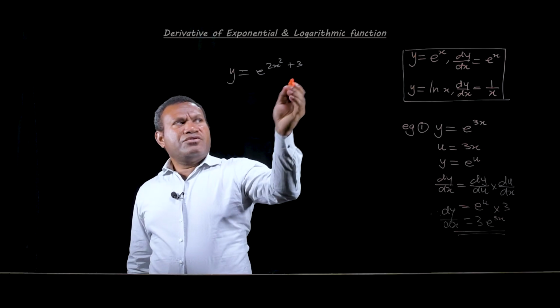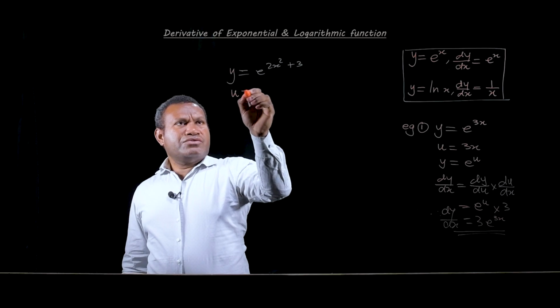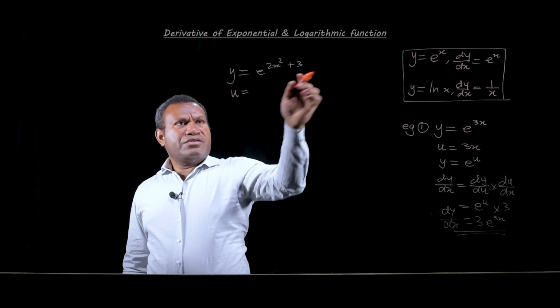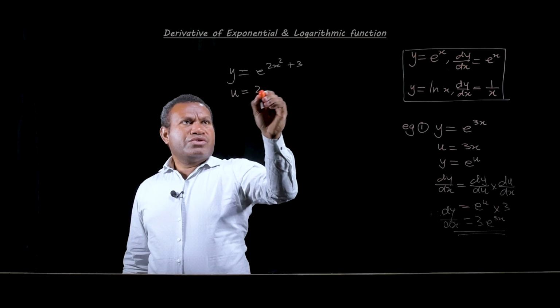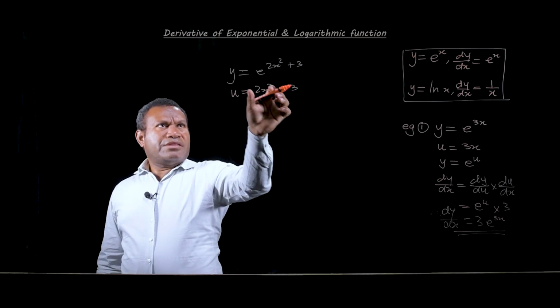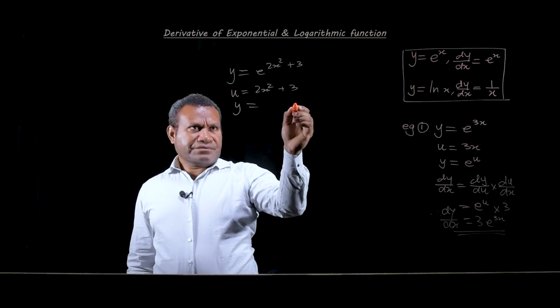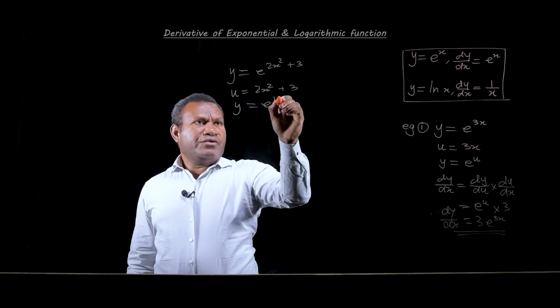Therefore, I will substitute u, so u equals 2x squared plus 3. Once I do that, this function becomes y equals e raised to the power of u.